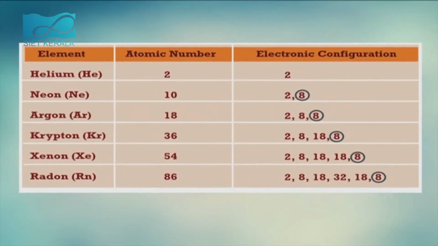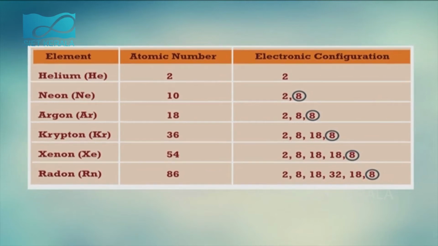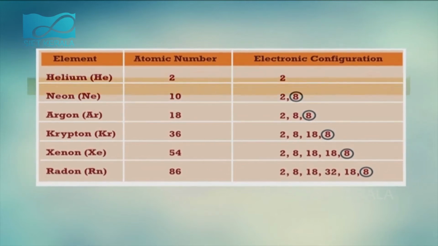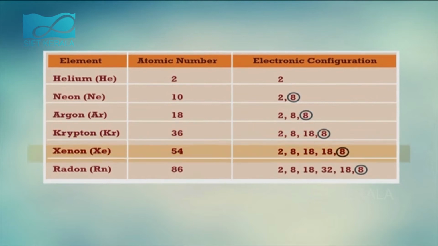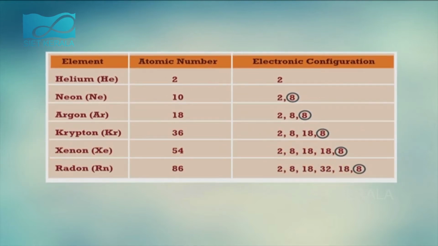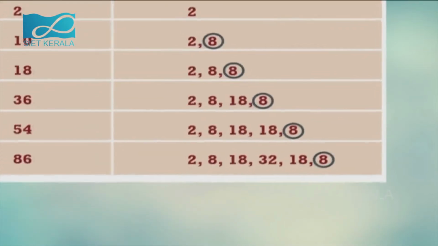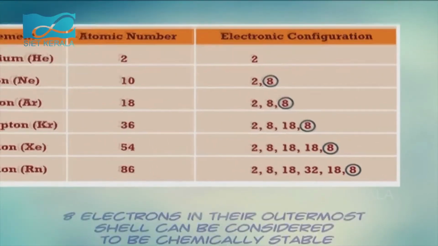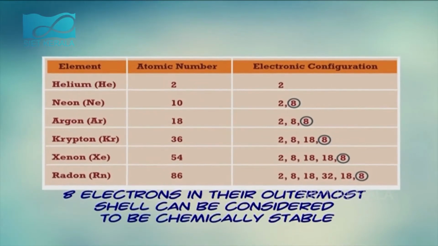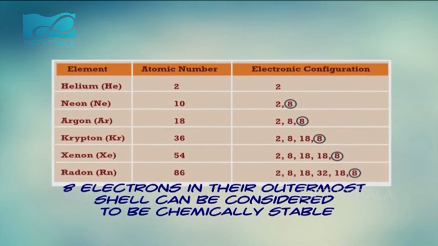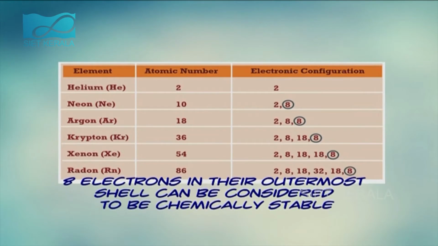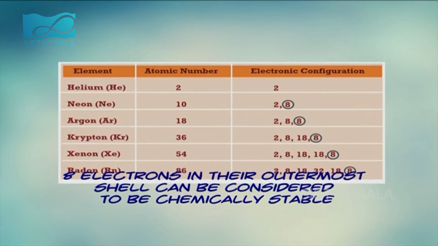Similarly, let us see the electronic configuration of elements like helium, neon, argon, krypton, xenon, and radon. Here, the outermost shells have 8 electrons, except the helium atom. Therefore, atoms which contain 8 electrons in their outermost shell can be considered chemically stable.